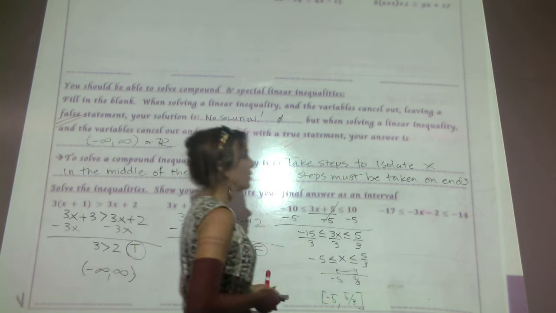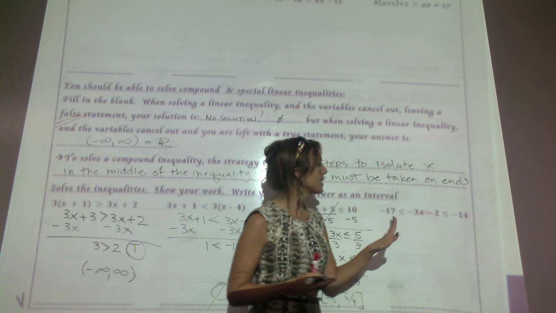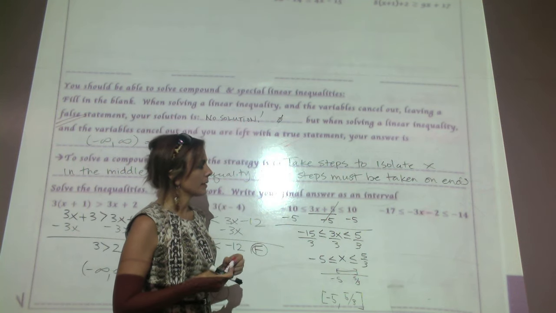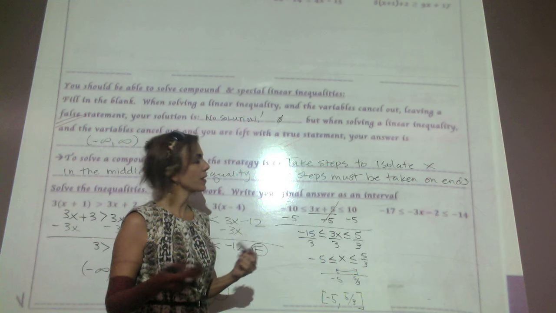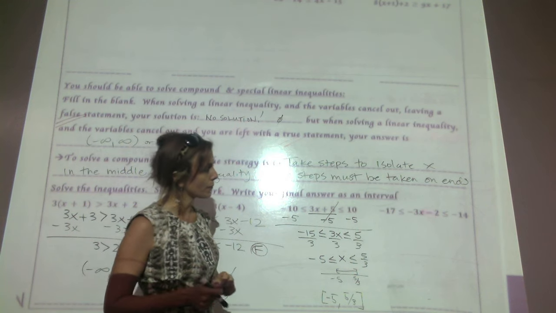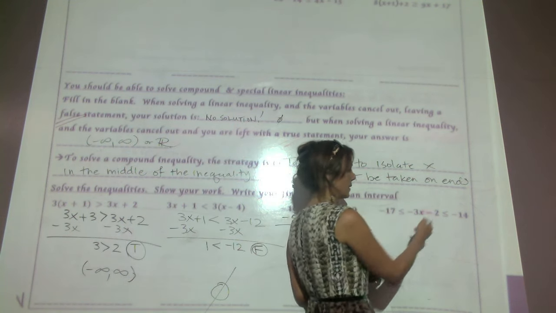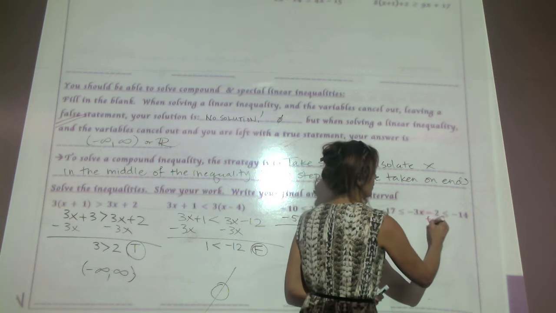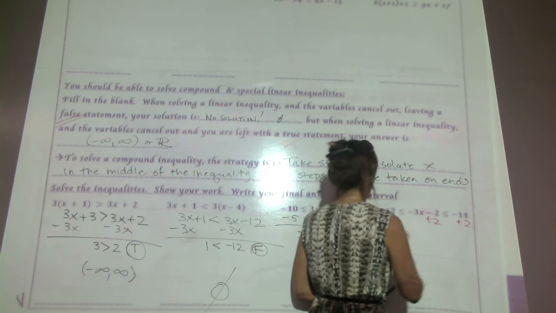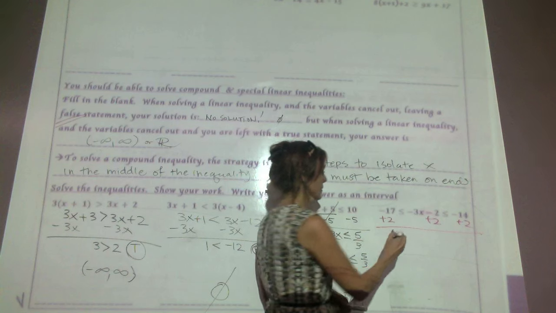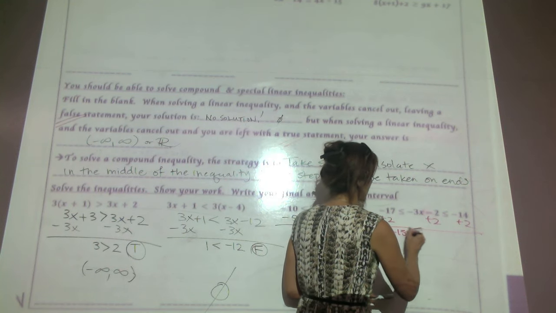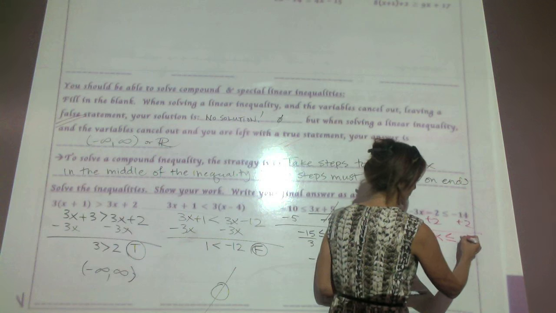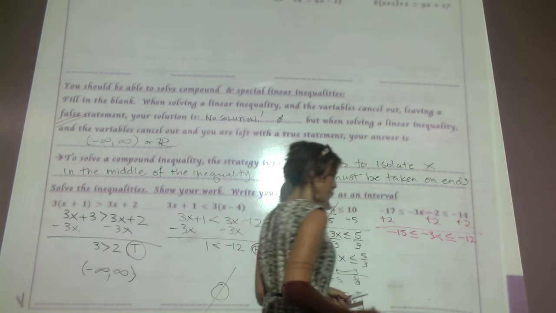All right, so over here to this one. Same idea. Let's go ahead and isolate x. What would we do first? I think that we would add 2 everywhere, getting rid of the constant in here, okay? So let's add 2, add 2, add 2. That would give us negative 15 is less than or equal to negative 3x, which is less than or equal to negative 12.